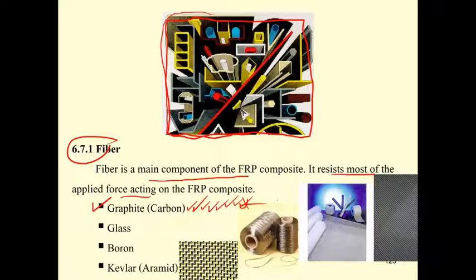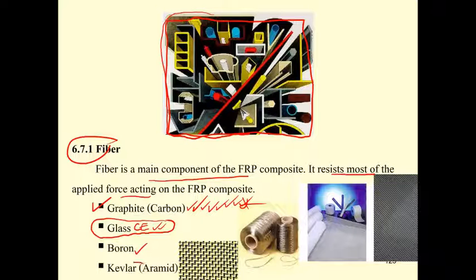In CE, we use a lot of glass fiber because glass fiber is cheap, even though it is not as strong as graphite or as stiff as graphite, but it is appropriate for our civil engineering applications. Boron also has high stiffness. It's not used in our CE. It's used in car applications.